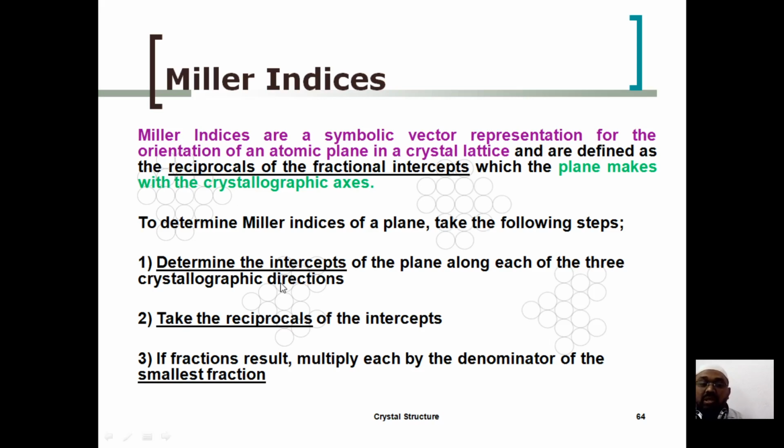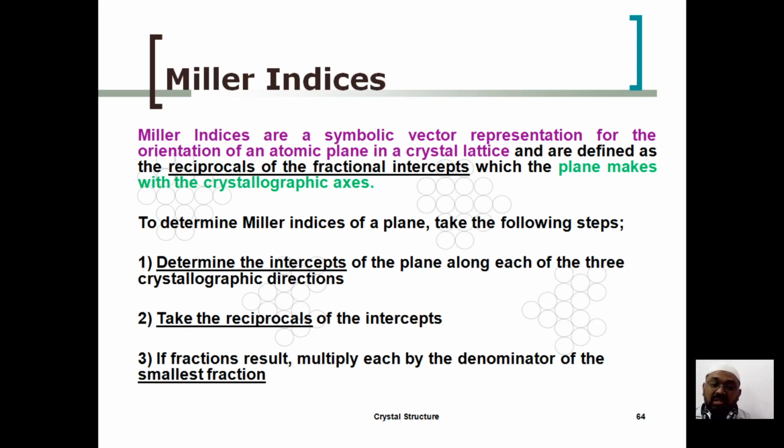First of all, we need to determine the intercepts of the given plane. What is the definition of a plane here? For our reference and comfort, when we talk about a plane, we just consider the cube structure.